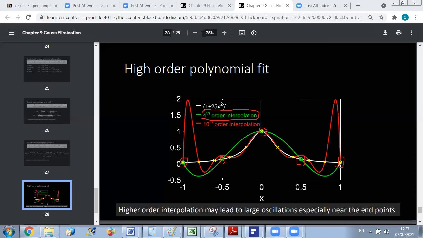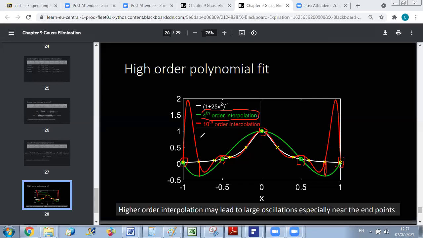Of course, the green curve should pass through all data points, so at data points, 0 error. But in between, we have errors. It seems that the error is acceptable. You have a maximum error here, but it's not a very large error. We can say that it's an acceptable interpolation.